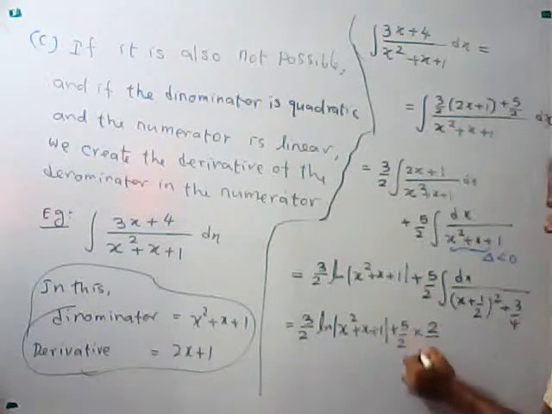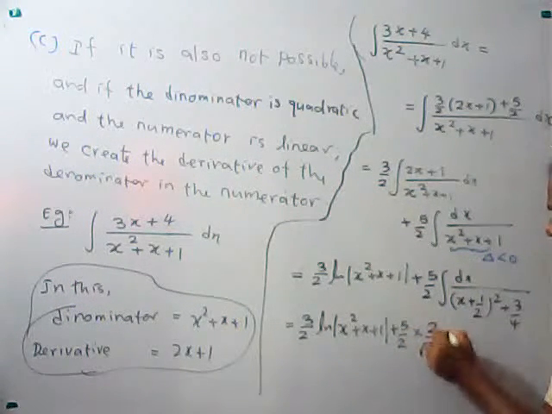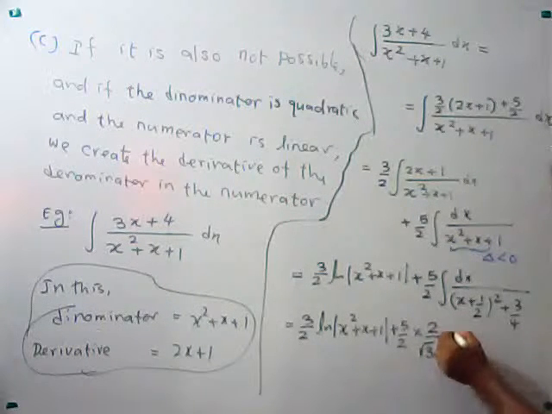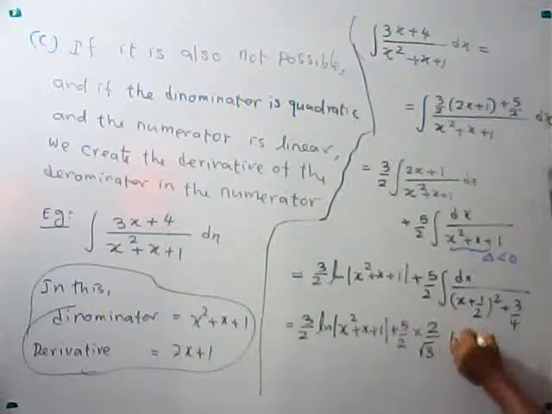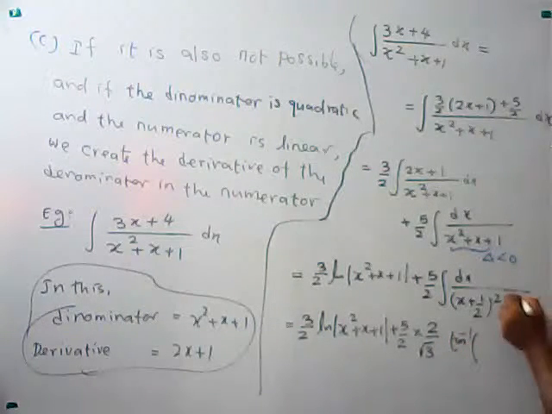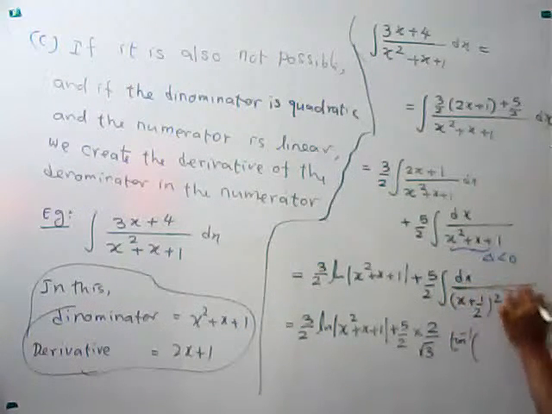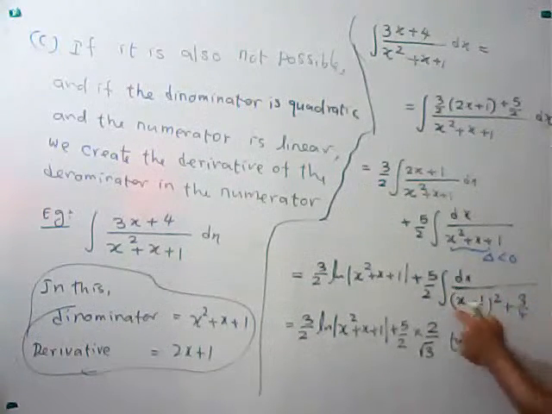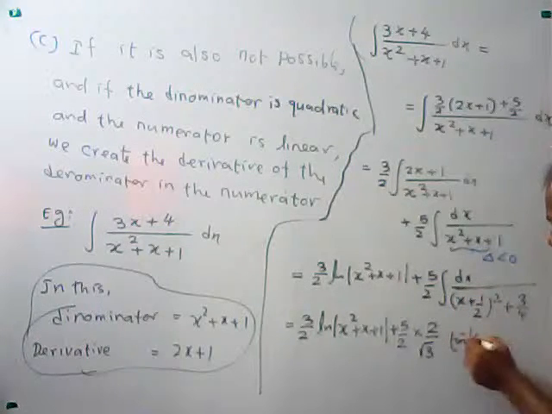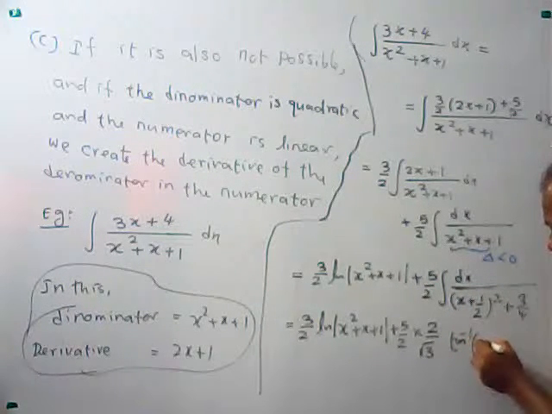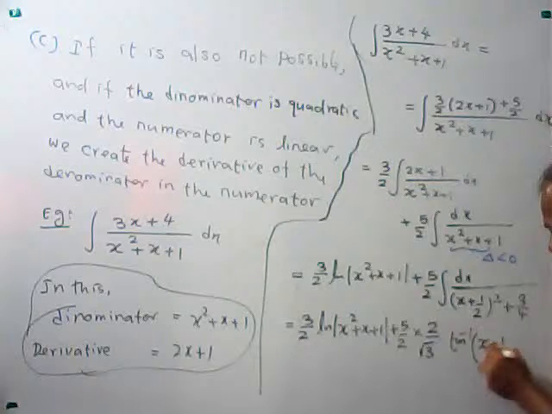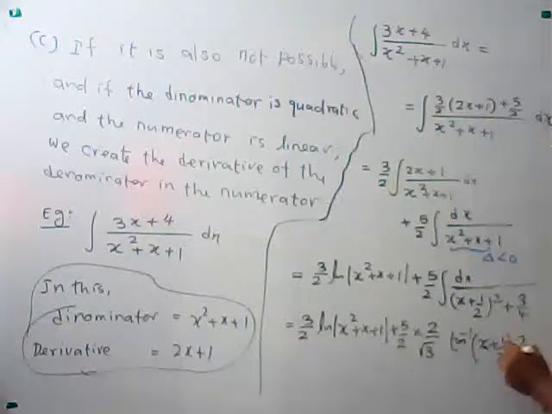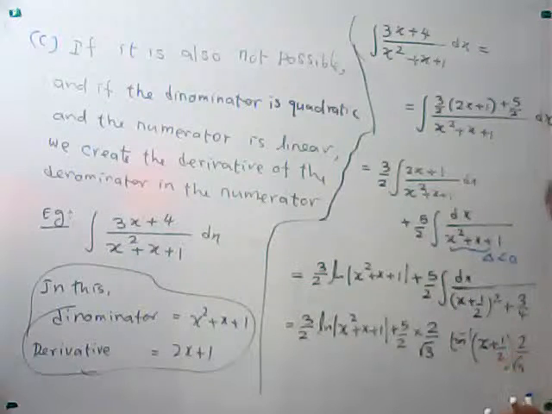So 2 over root 3 tan inverse, instead of x we have x plus half here, multiplied by 2 over root 3 again.